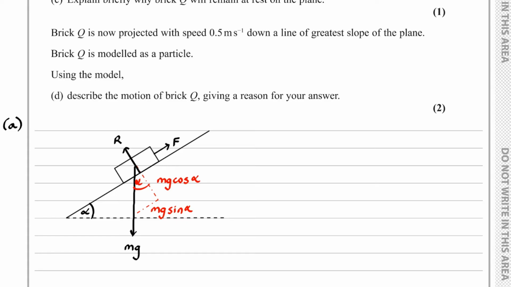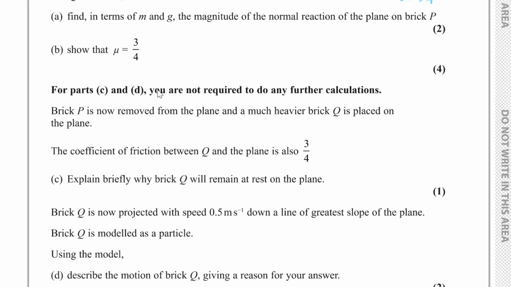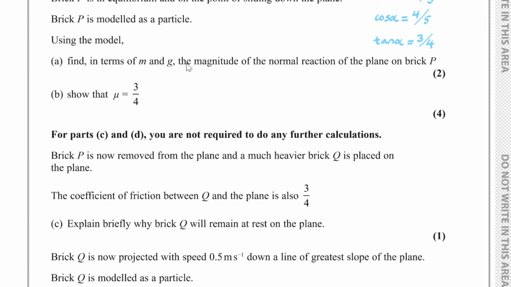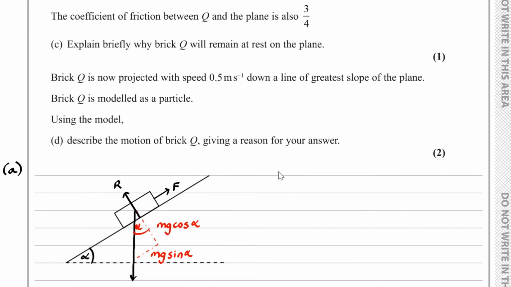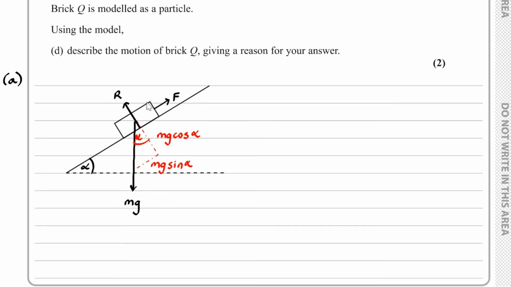For part A of the question, we have to find the magnitude of the normal reaction of the plane on the brick P. In other words, we need to find out what R is. So we have to resolve perpendicular to the plane.